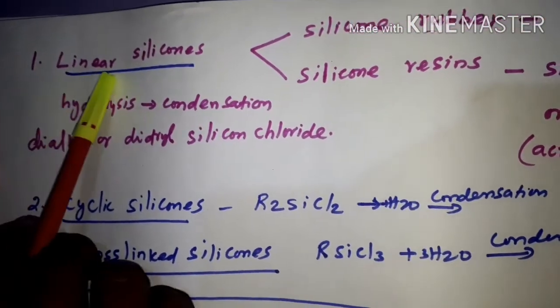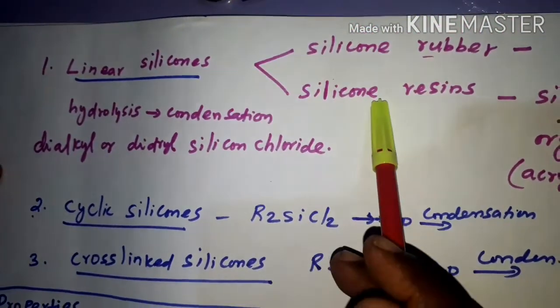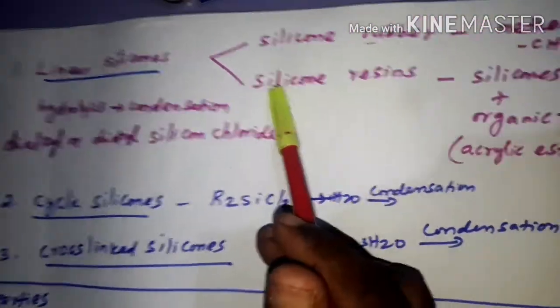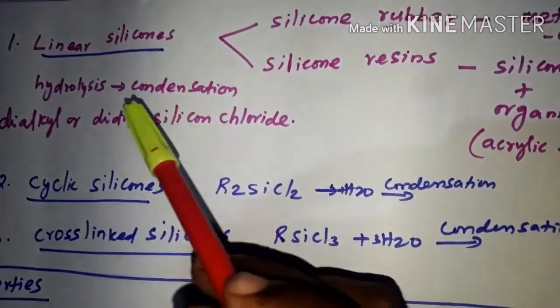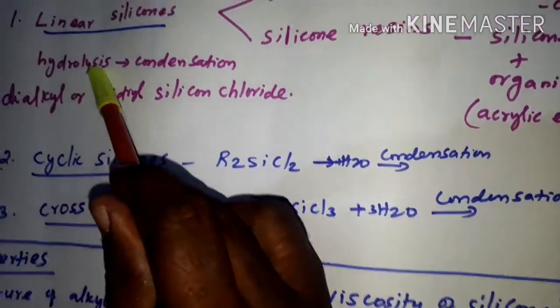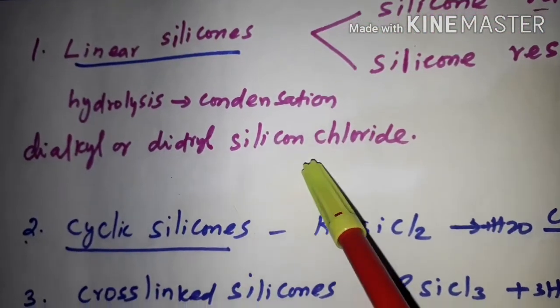The first type is linear silicones. This linear silicones, again there are two types. One is silicon rubber, another one is silicon resins. This linear silicones is prepared by first hydrolysis, then condensation of dialkyl or diaryl silicon chloride.